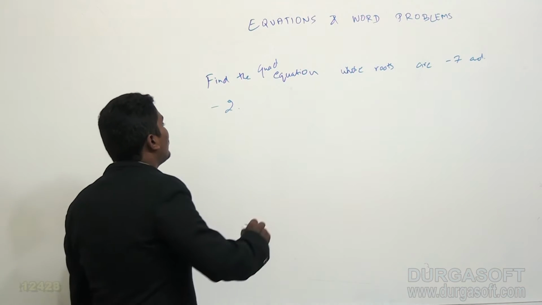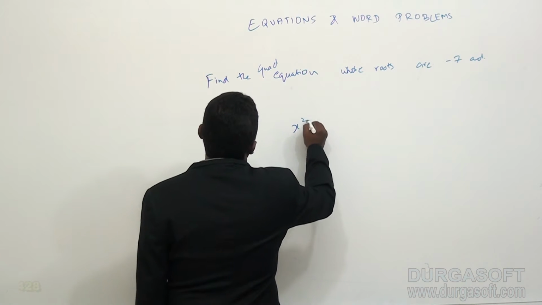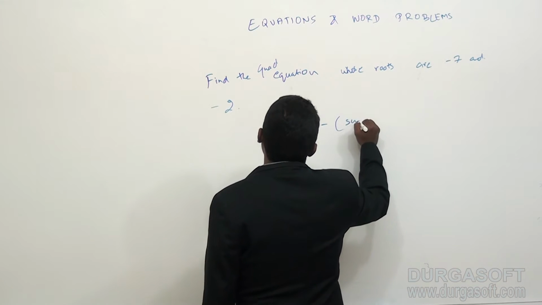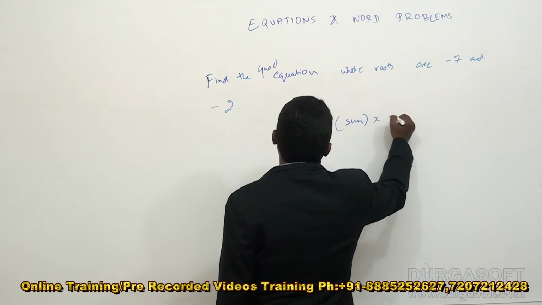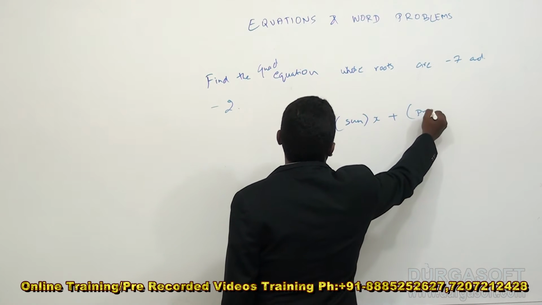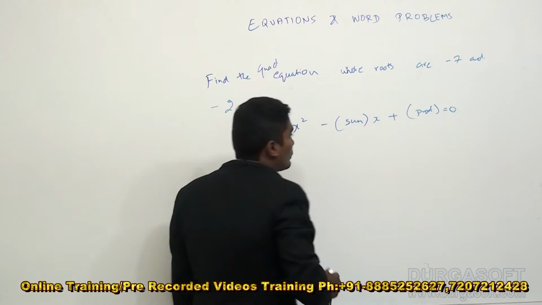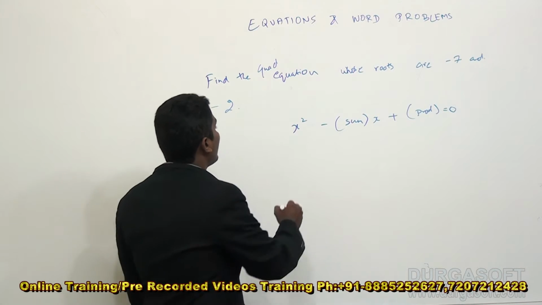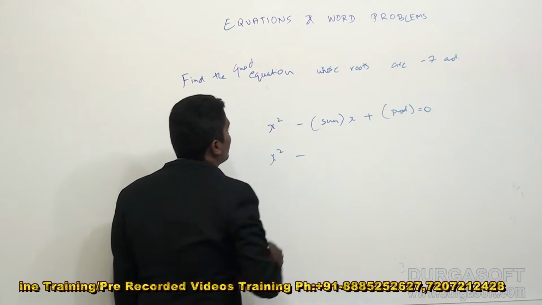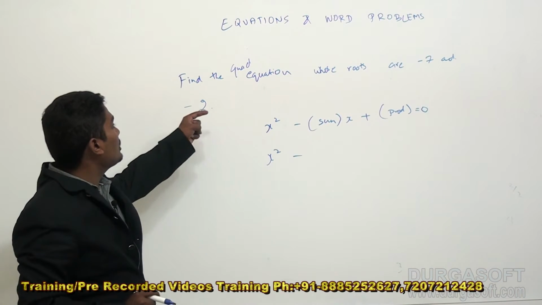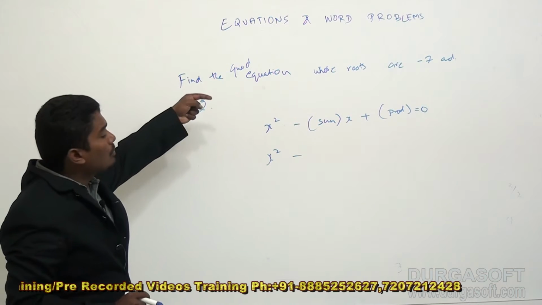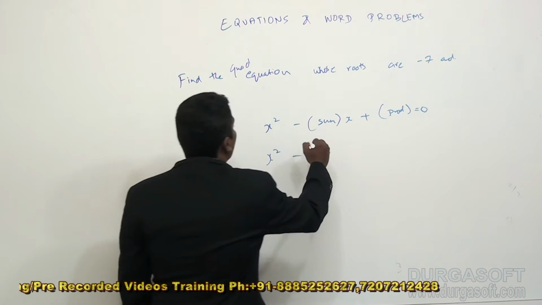I already told you that the form of an equation is x square minus sum of roots into x plus product of roots, equal to 0. So x square minus the sum of the roots: -7 -2, the sum of the roots will be -9.